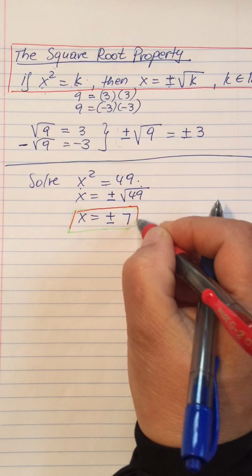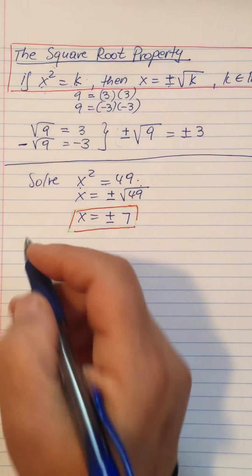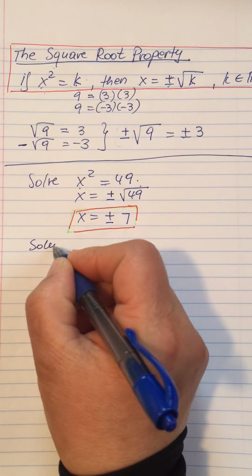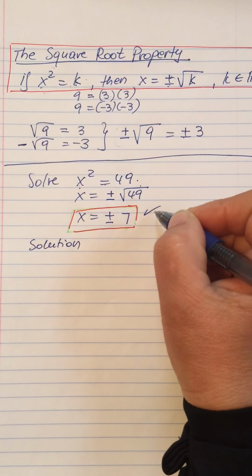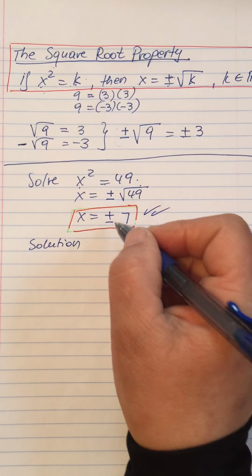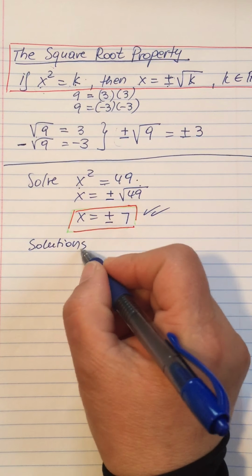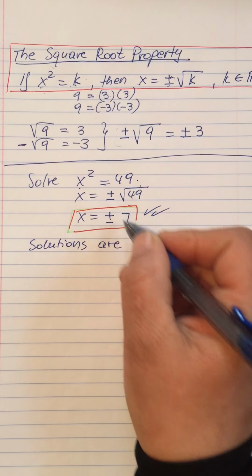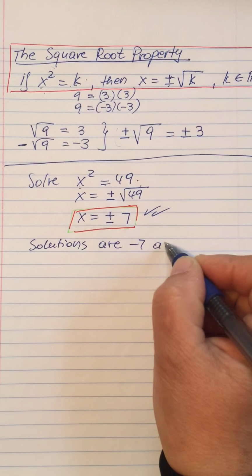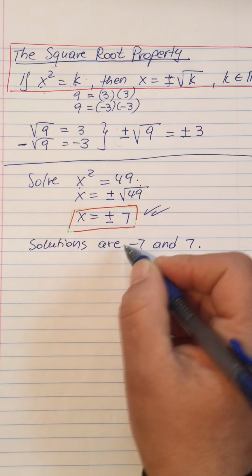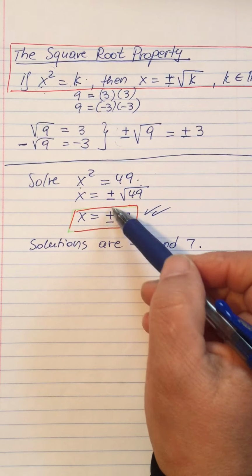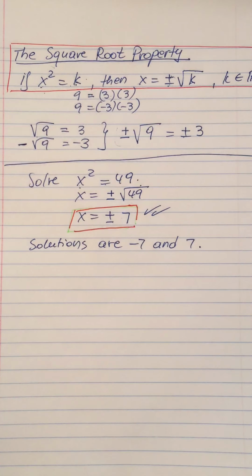We don't need to write them separately. Math is talking in symbols. You don't need to rewrite. However, the solutions are negative 7 and positive 7, and we know that they are different numbers because the signs tell us that they are different numbers.